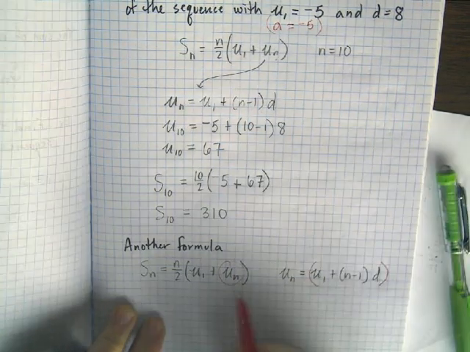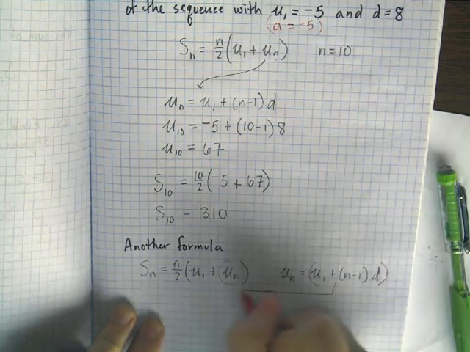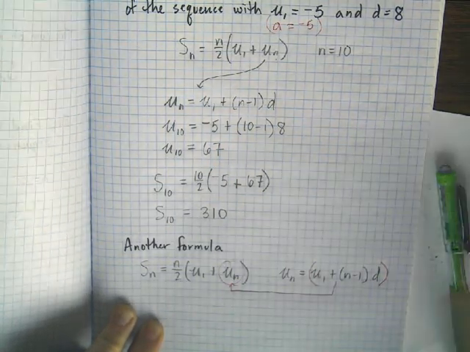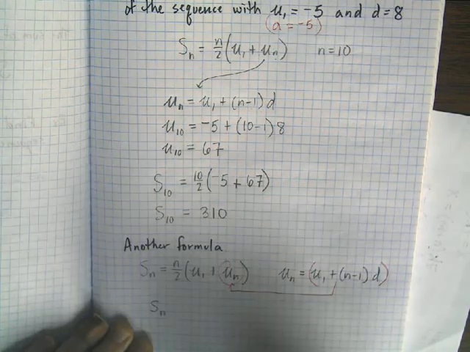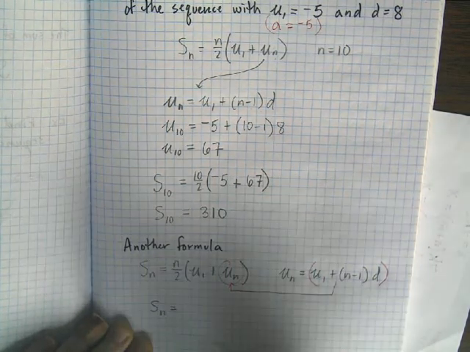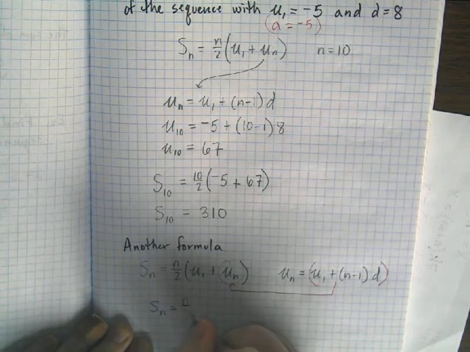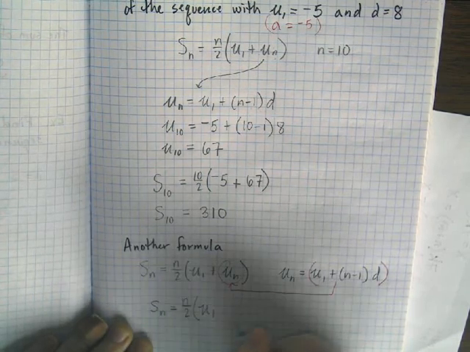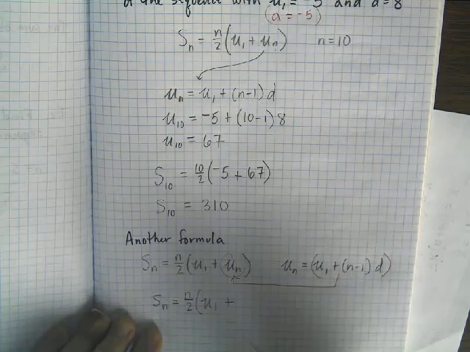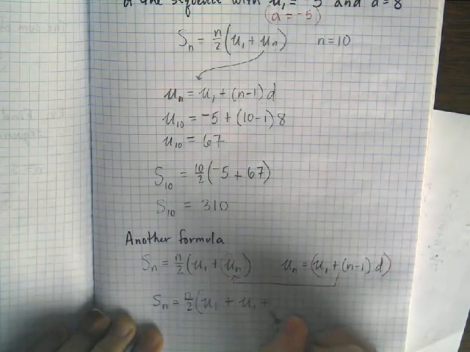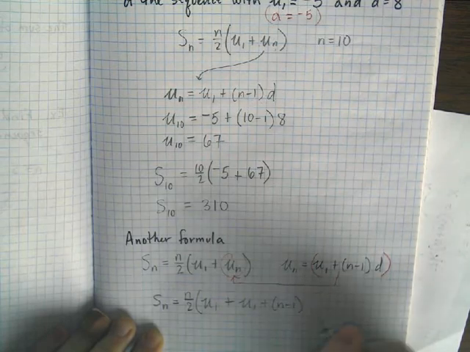U sub n, this is u sub n. I'm going to just put this in over here. So if I rewrite this, I get S sub n, the sum of the series, is equal to n over 2 times u sub 1 plus, but instead of putting in u sub n here, I'm going to put in all of this. So u sub 1 plus n minus 1 times d.